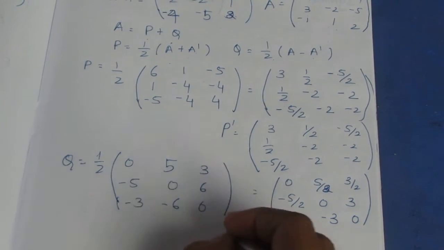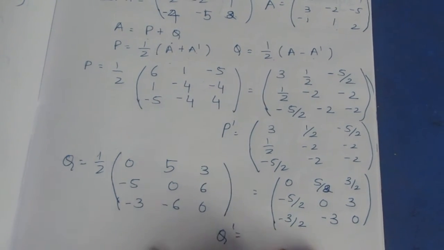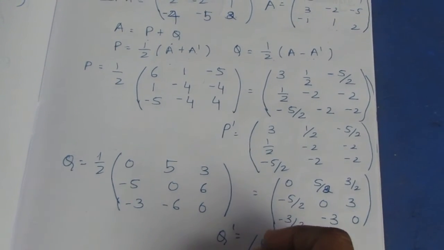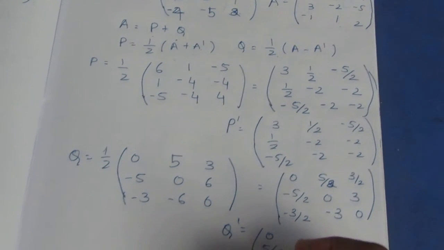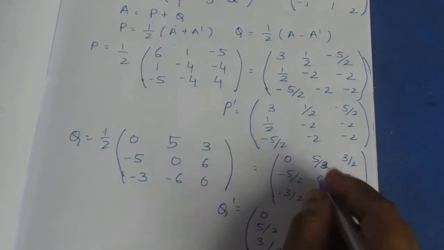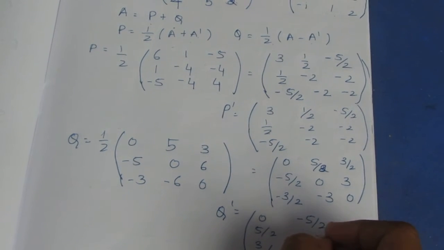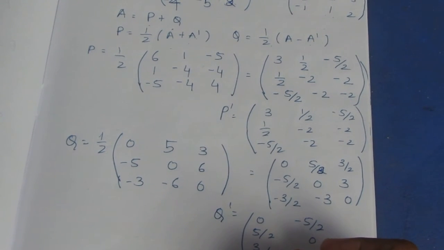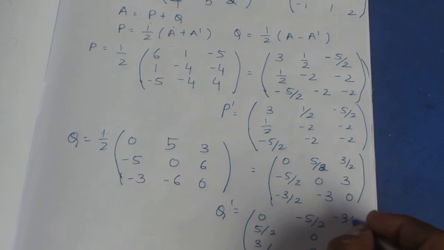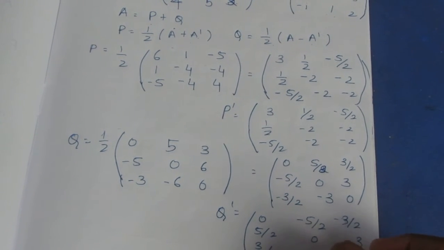We need to find Q transpose. For showing I am just solving Q transpose. Now taking row to a column, here it becomes 0, 5 by 2, 3 by 2. Now second row as a second column, so minus 5 by 2, 0, 3. Third row as a third column, so 3, minus 3 by 2, minus 3, 0.